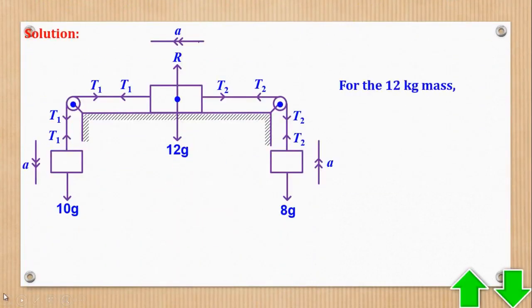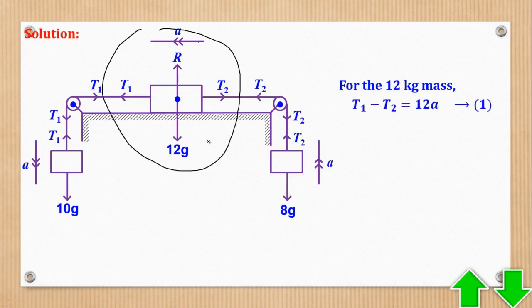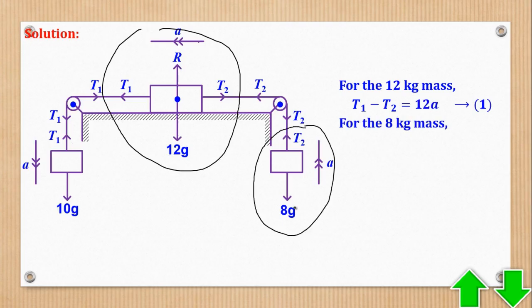Now we shall need to use F equals ma. For the 12 kilogram mass, these are the forces acting. That will be T1 minus T2 equals 12a. For the 8 kilogram mass, these are the forces acting, so it will be T2 minus 8g equals 8a.